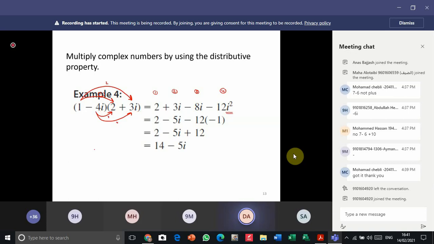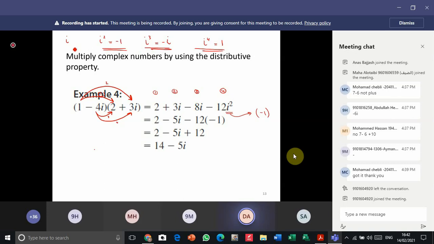From i multiply i. i square equals negative 1. i to the power 3 equals negative i. i to the power 4 equals 1. This is very important.